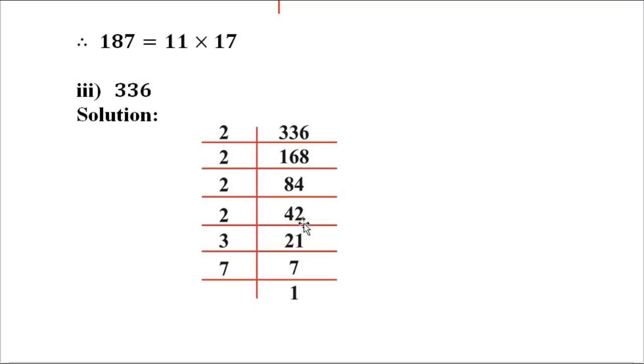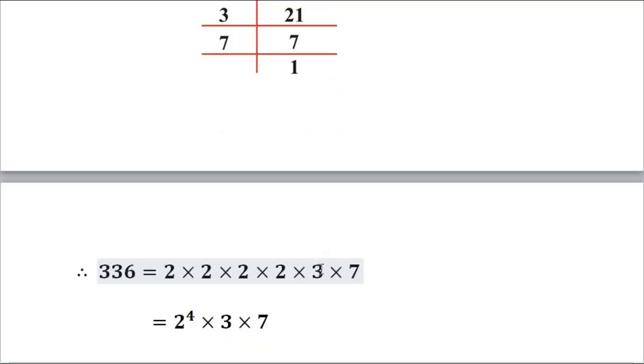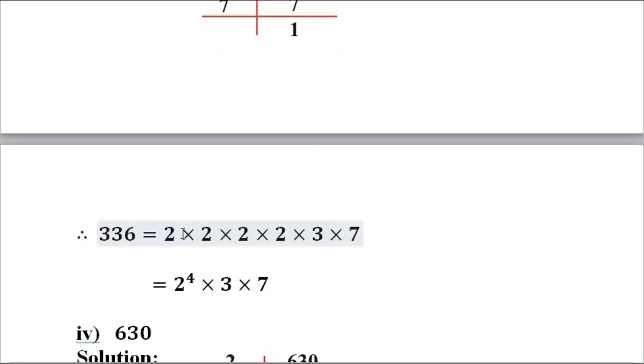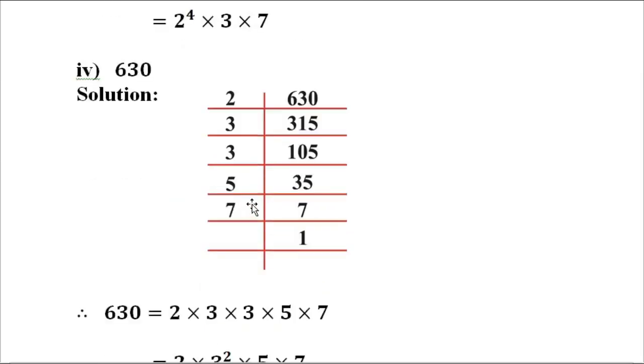Dividing 42 by 2 gives us 21. 21 is divisible by 3, so 3 times 7 is 21. In the end, 7 divided by 7 is 1. Now the prime factors of 336 are 2 times 2 times 2 times 2 times 3 times 7. In index notation, this can be written as 2 raised to the power 4 times 3 times 7.